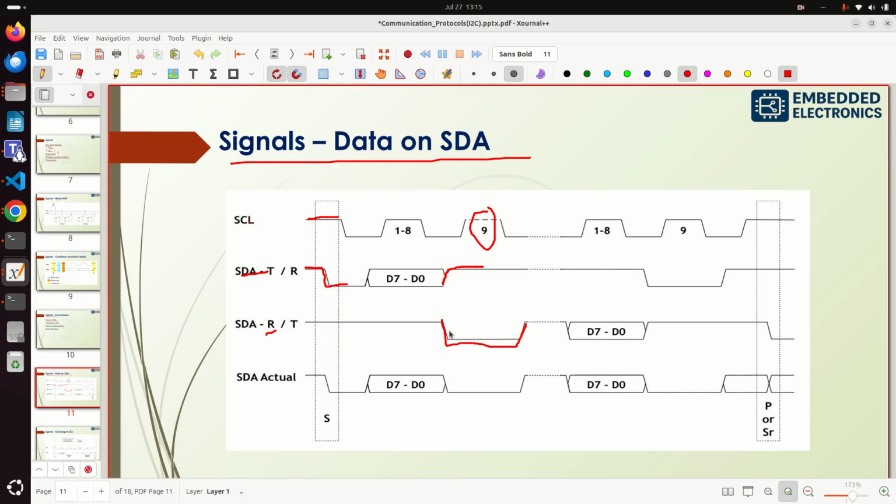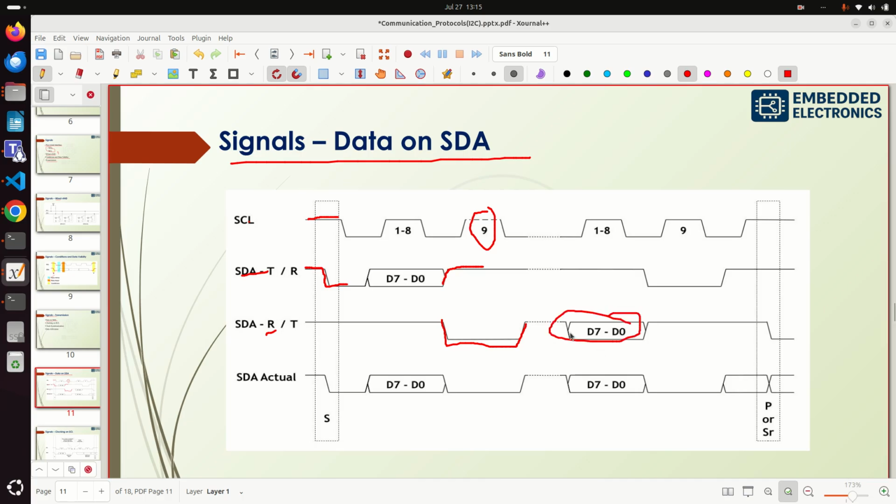Now what happens? RTC is now going to transmit and master is now going to receive. So what is the slave doing? It is going to transmit 8 bits, that means the value of the seconds register.